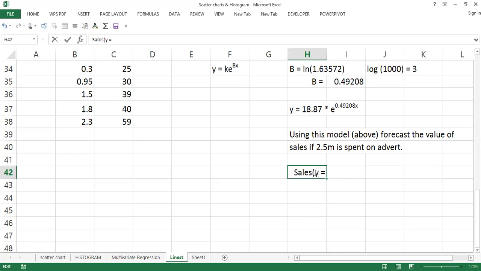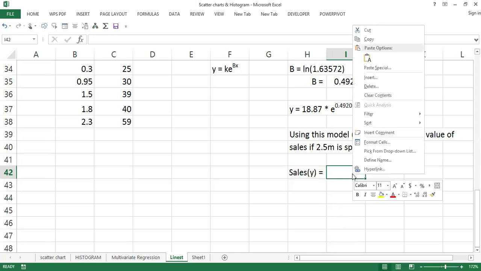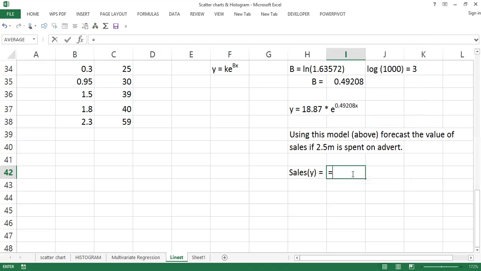Sales, which is also called y. Equals what? 18 points.